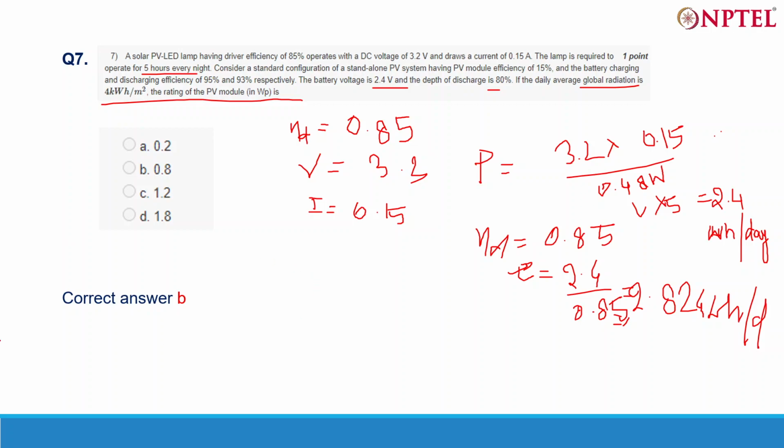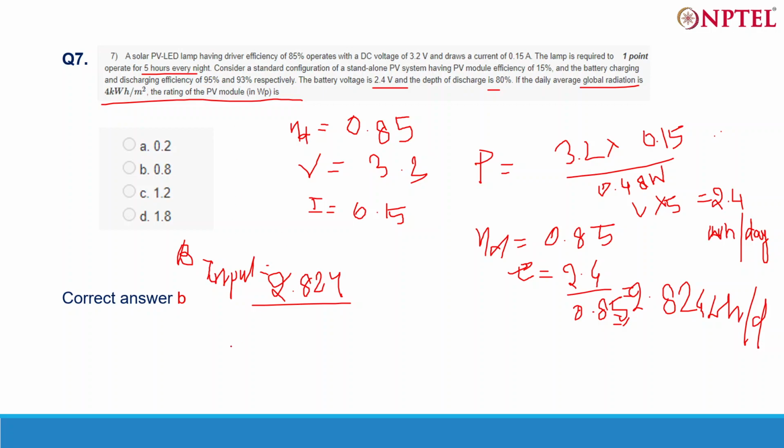Now we have this much input energy required to the battery. I will say battery input is 2.824, that is calculated here, divided by the different efficiencies that are counted.